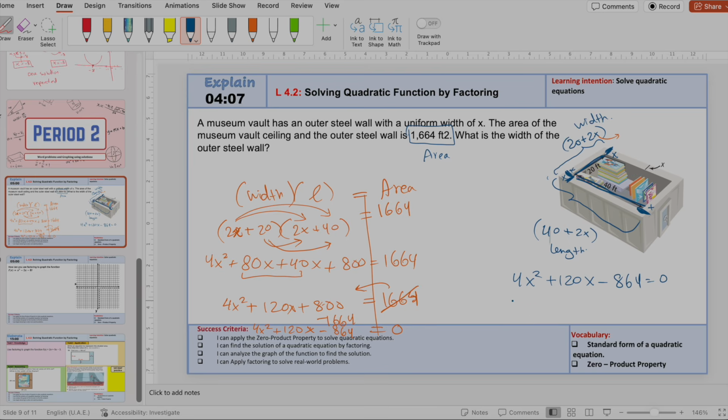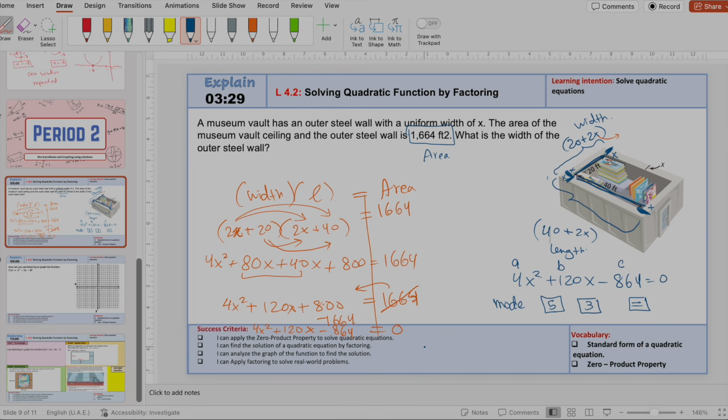Okay, so you can go to mode on your calculator, then click on 5. Your calculator must be generation 9. Mode 5, and then your equation is power of 2, so you're going to go to number 3, and you will have to fill your a, b, and c values. Your a is the coefficient of x squared, in this case it's 4. Your b is 120. Your c is negative 864. If you fill them and click on equal to, you're going to get, wait, let me fill it very quickly.